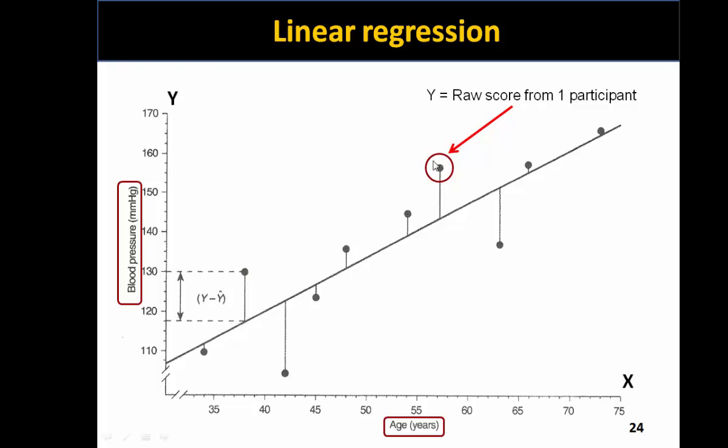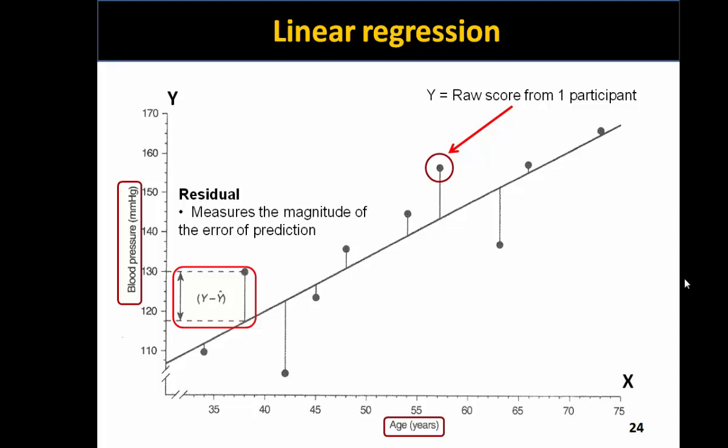From this one participant, we track their age, and we obtained a blood pressure measurement. The residual is the difference between the actual score and the score that would reside on the line of best fit. So the dot here is what we measure from the person. The point on the line corresponding to that person's age is what we predict from the equation.